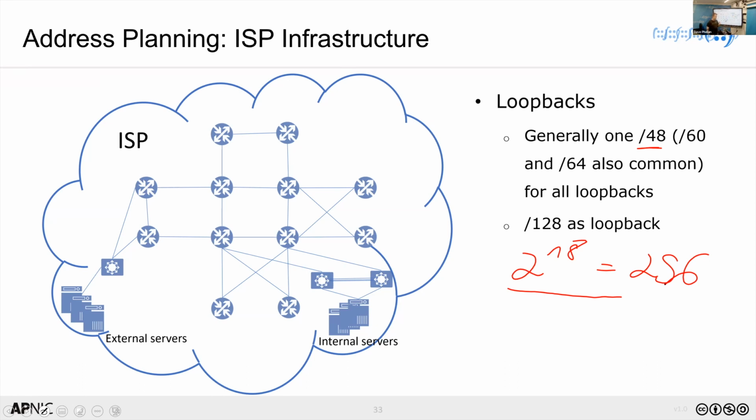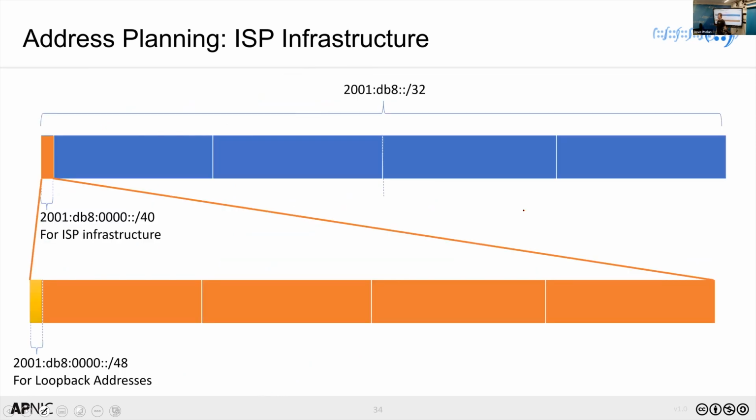If you haven't got that much space, you might use a /60. We'll talk about that when I do my campus designs. It's also common to see /64s for all loopbacks. As a loopback address, we assign it as a /128, a single address. Same as we do in V4, it's a /32. So let's expand out my infra block.